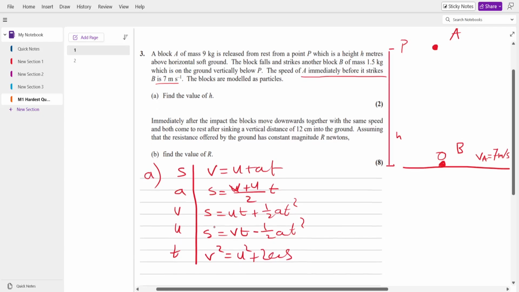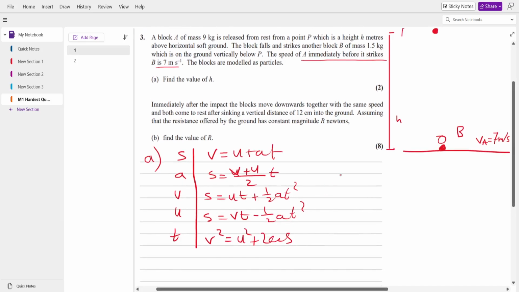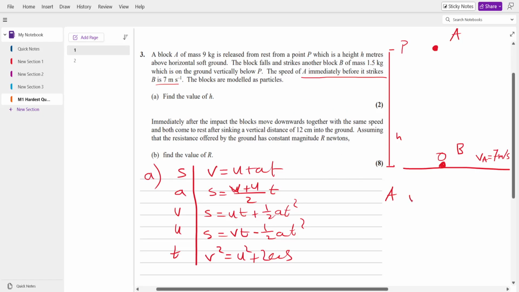And I start to look at what the givens in the question are. Relating to particle A, I know that it was released from rest, so UA equals 0 meters per second. I know that V equals 7 meters per second. I'm taking downward as positive, so V here is downward, so it's positive.